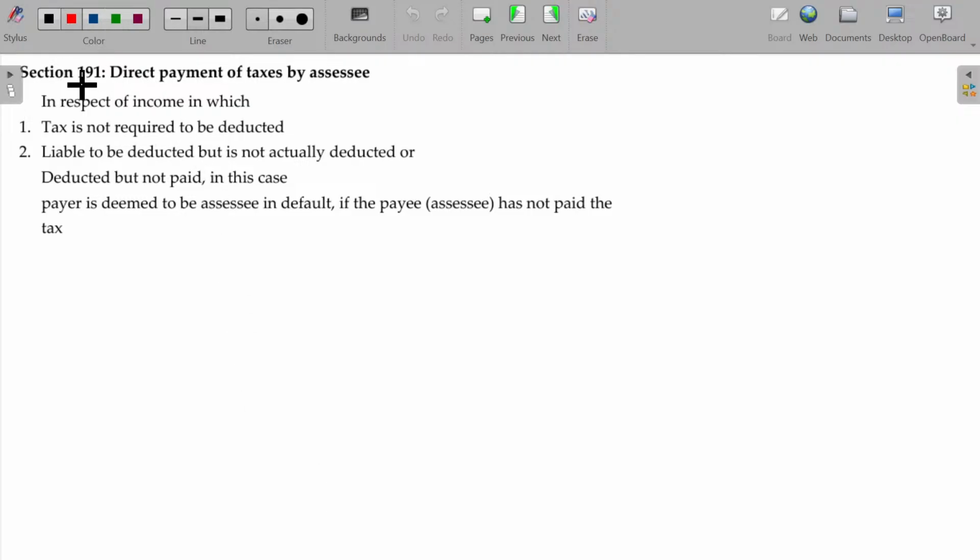Section 191, direct payment of taxes by assessee. See, while releasing the payment, as per the TDS provision, I have to deduct the TDS and deposit. If I am not able to do that, I cannot claim that payment as my expense under section 40 clause A, which we have studied under PGBP.